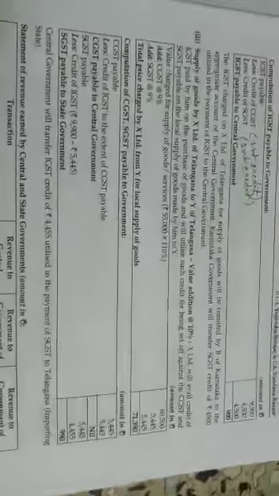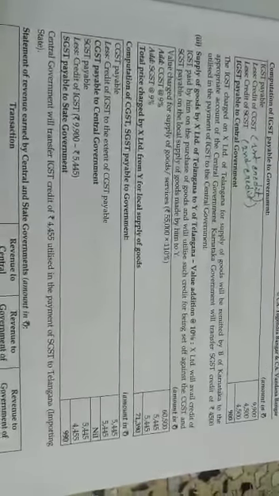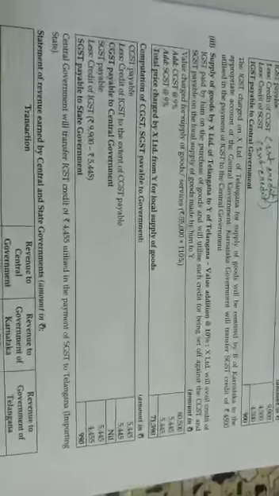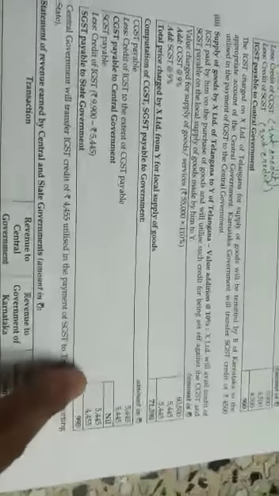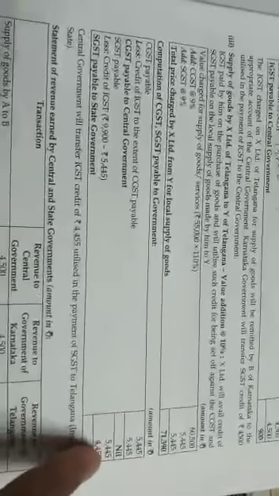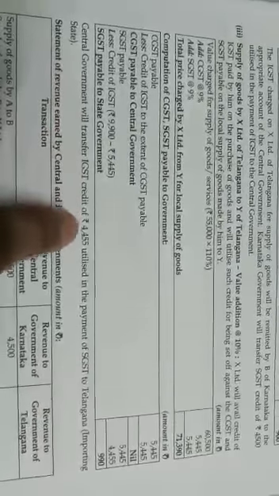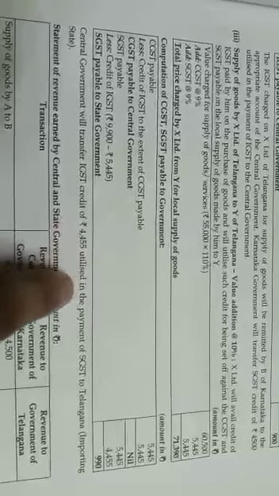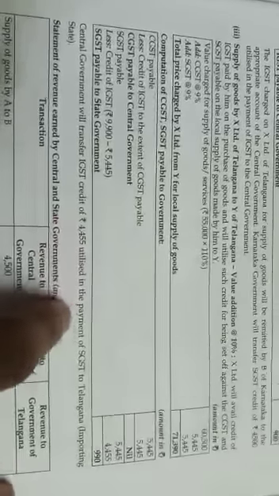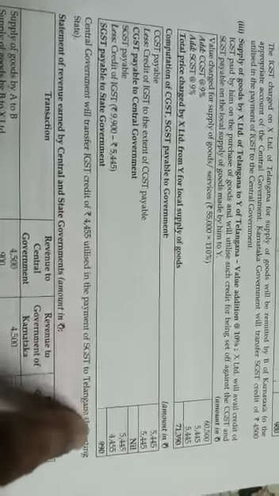So, since the revenue of the respective state, that means Telangana, decreases because of IGST, here the central government is responsible for transferring that IGST in the account of the respective state government, that means on the account of the Telangana state. Now here central government will transfer IGST credit of rupees 4,455 utilized in payment of SGST to the Telangana state.